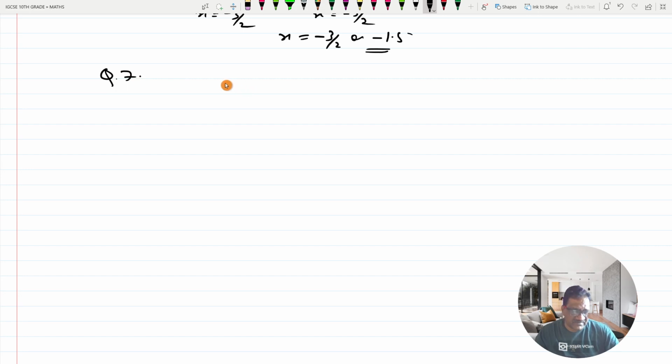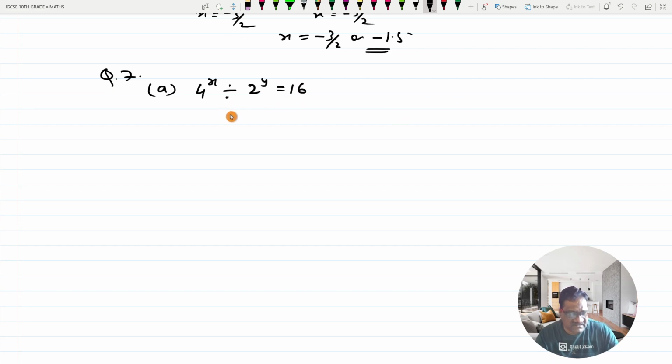Question number 7 says solve each of the following pairs of simultaneous equations. Sub question A is 4 raised to x divided by 2 raised to y is equal to 16. This is the first equation.